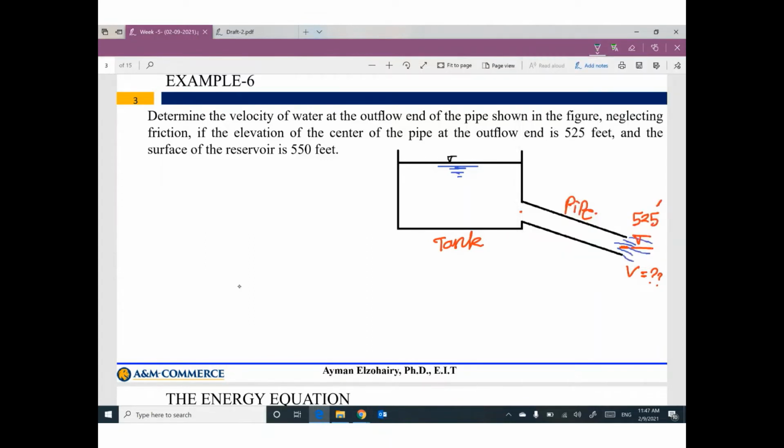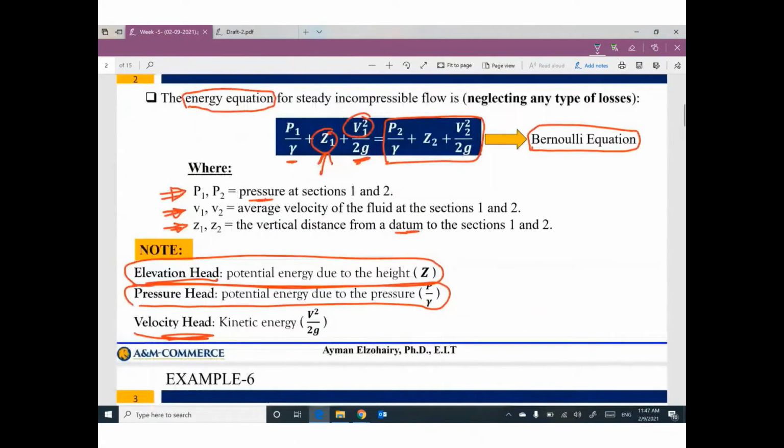The surface of the reservoir of this tank is at elevation 550 feet. What is the velocity at the output? Okay, guys, we can use the energy equation.